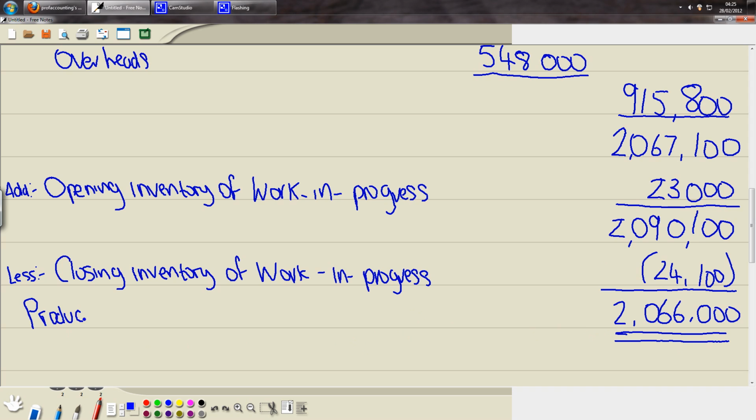And it asks in the question, it says total production cost, which is not less what it is, but production cost. Typically, I don't know why it's asked for total production cost. Really, maybe it's just trying to get you to think as to what you write. But production cost of goods completed.